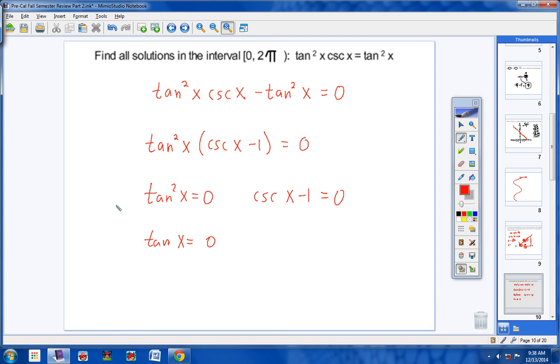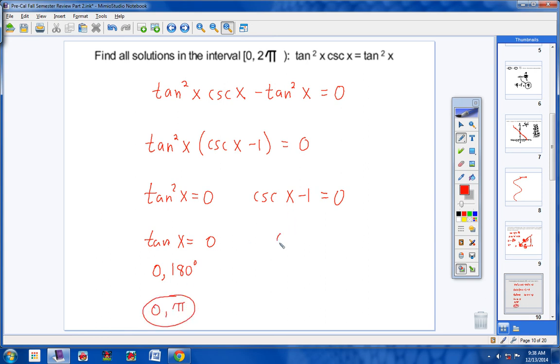Tangent of 90, that does not give me 0. Tangent of 180, that gives me 0. Tangent of 270 does not give me 0. And that's as far as I go, because my domain right here stops right before I get to 360. So the two angles here are 0 and 180. Of course, in pi and radians would be 0 and pi.